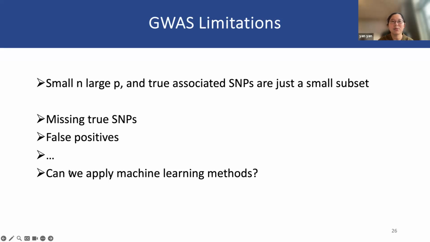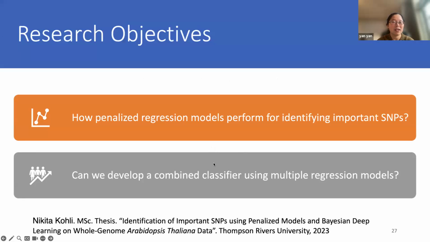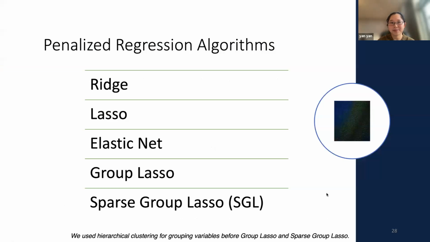So then what we're thinking is, if we could apply the similar technology that we talked about before to this kind of problem. This work was mainly led by my other grad student, Nikita. So we look at how penalized regression performs in terms of identifying those important SNPs, and also if we could combine them to make a combined classifier.